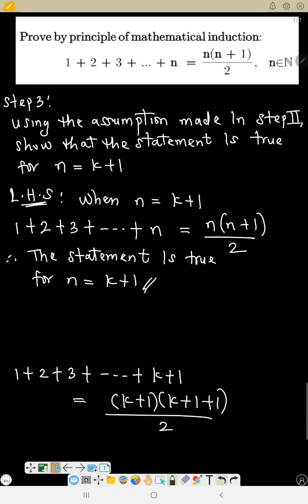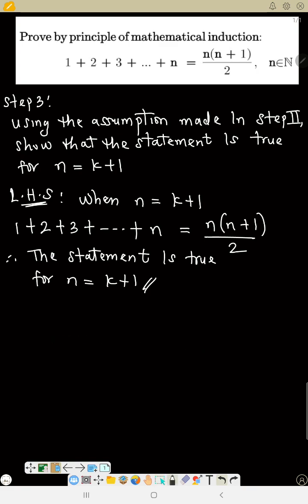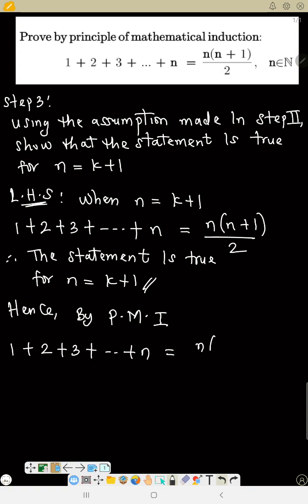Now if the statement is true for n equals k plus 1, as you can see here, then your final conclusion is: hence, by P.M.I, that is by the principle of mathematical induction, 1 plus 2 plus 3 plus n is equal to n times n plus 1 divided by 2, for n a member of the natural numbers, is true.